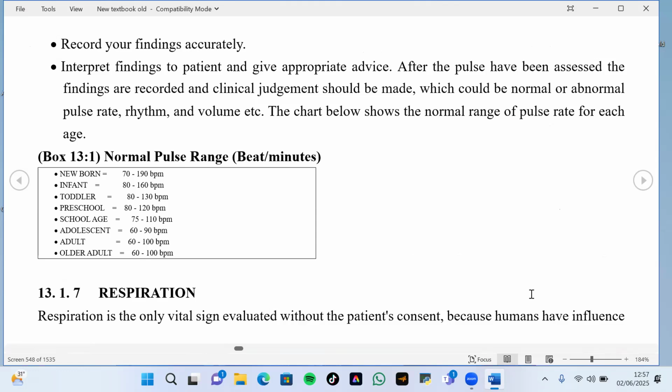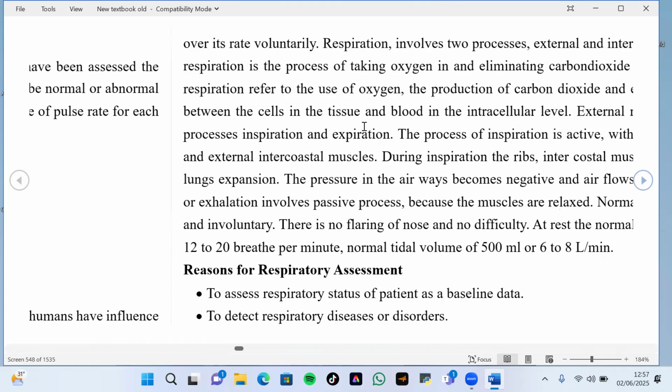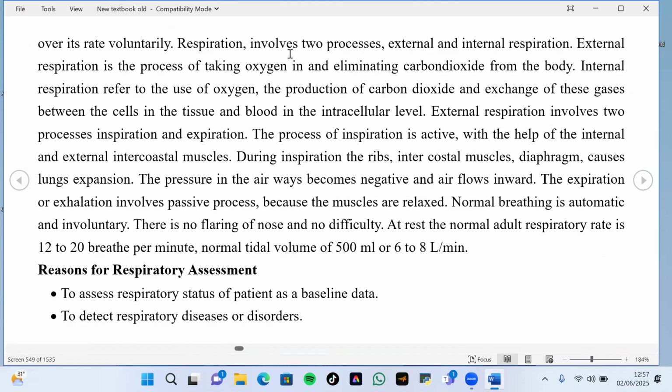Now, let's quickly also look at respiration. Respiration is the only vital sign evaluated without the patient's consent because human beings can influence the respiratory rate voluntarily.